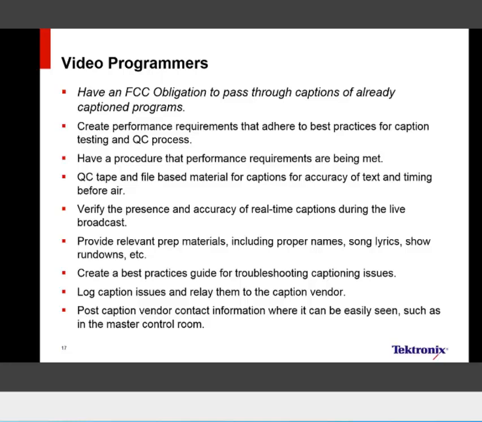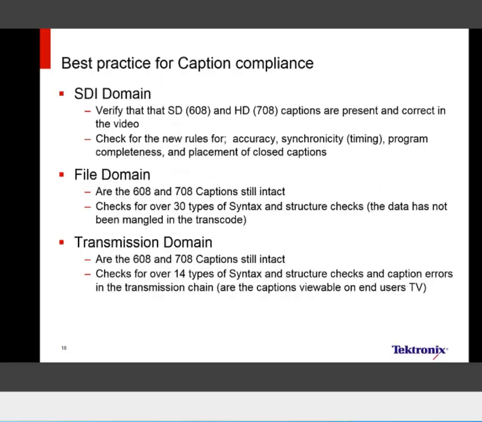We need to create a best practices guide for troubleshooting caption issues, then log any issues and relay them back to the caption vendor or the provider of the material, and maintain a list of contacts that is easily accessible for people to be able to do this.